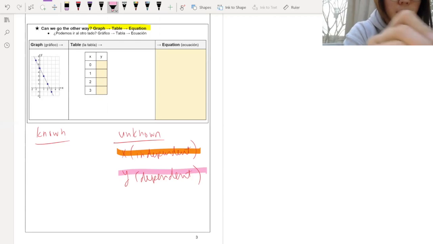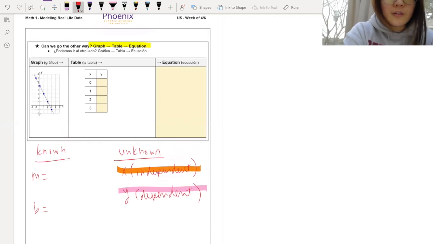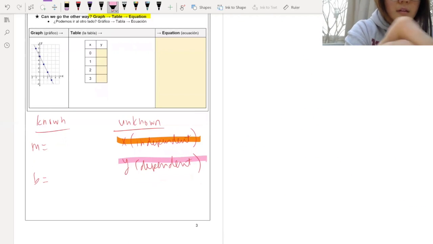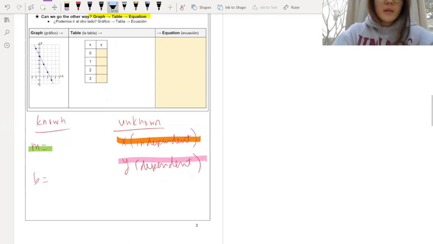What do we know? Basically, we need to know our slope and our y-intercept. Okay. Color coding that again. Our slope is green. And our y-intercept is blue.